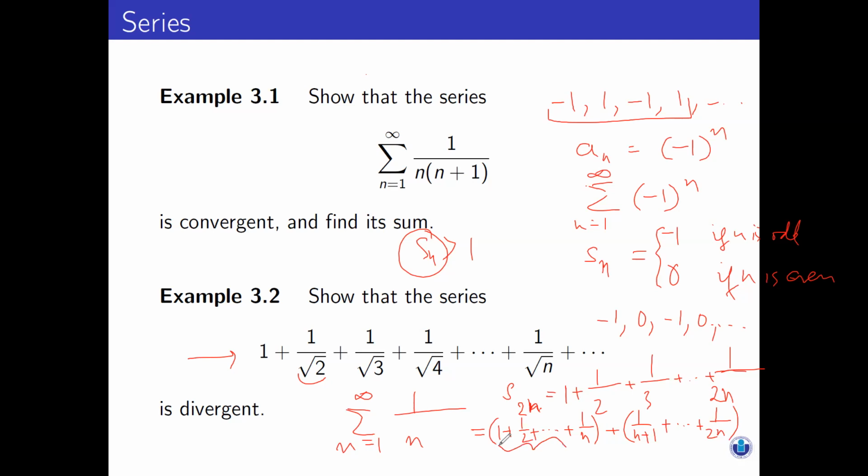So this is nothing but the partial sum Sn, right? This is the sum of the first n terms. And now for the next part, you imitate exactly what we had before. So you have n terms here, and the smallest one is 1 over 2n. So this is at least Sn plus a half.